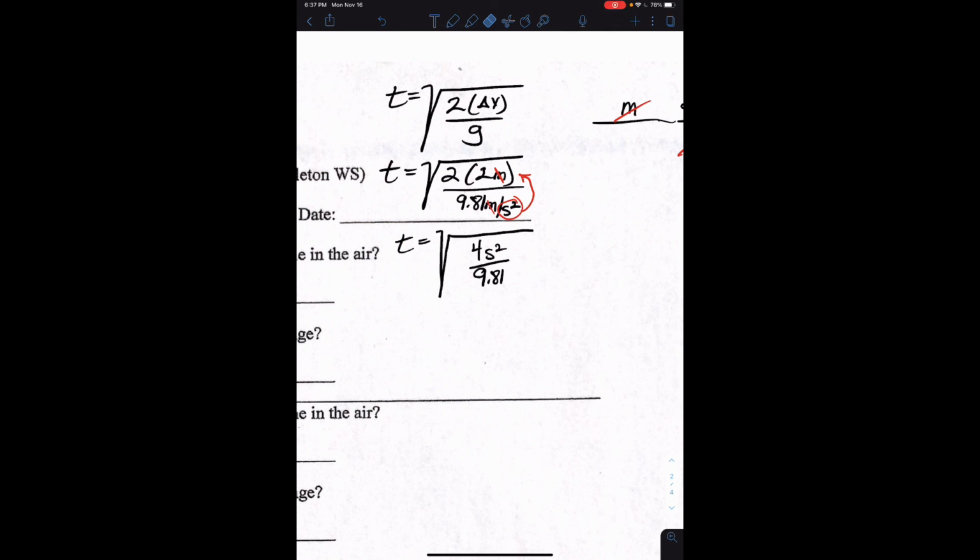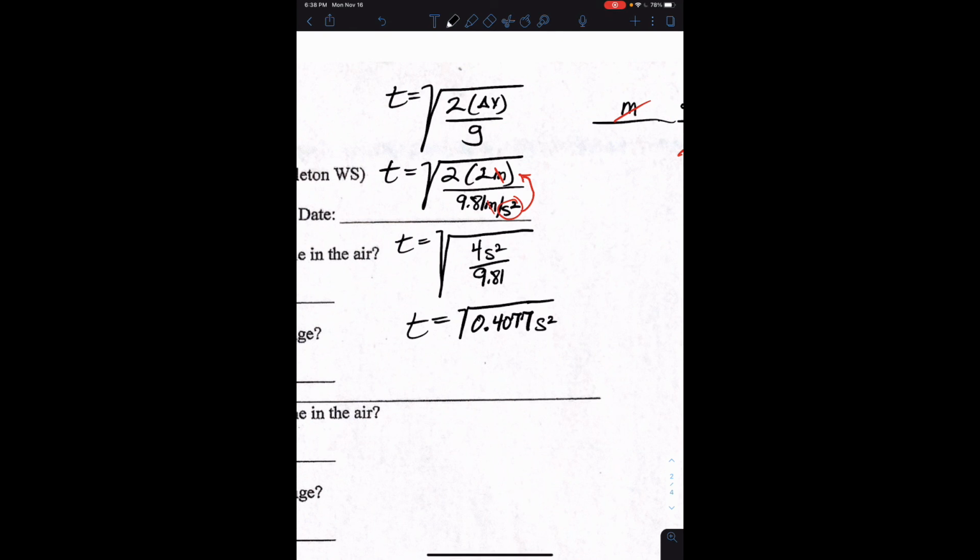All right, so 4 divided by 9.81 is equal to 0.4077. And that's going to be seconds squared. And then we'll square root that answer.